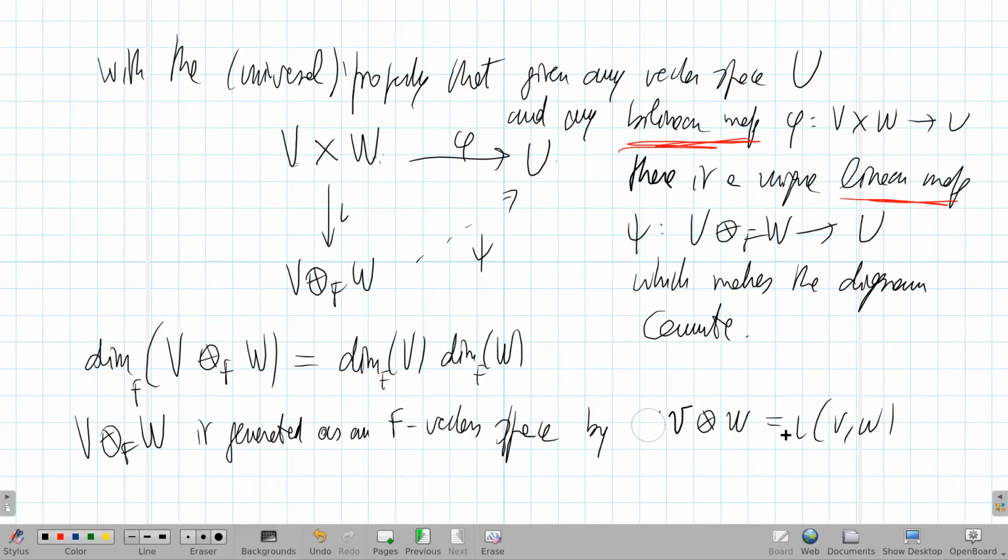And moreover, this being bilinear, we have this property. We multiply by scalars on the right.